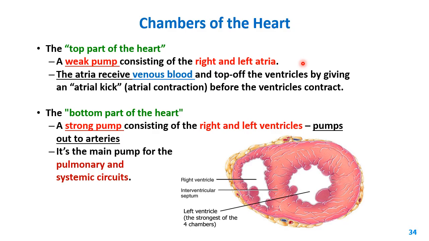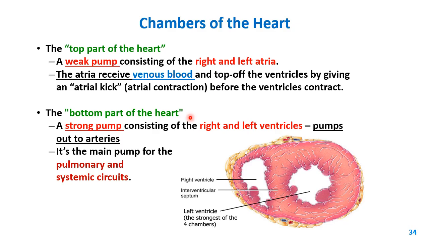Now, besides left and right heart, you also have other pumps that can be considered strong or weak in relation to each other, meaning that when you look at the atria of the heart, at the top of the heart, those are also relatively weak when you compare them to the ventricles, right? So the top of the heart, meaning the left and the right atria, those are considered weak pumps, and actually the atria don't really have to pump a lot, because the pumping of the atria doesn't really contribute a lot for moving of the blood circulation.